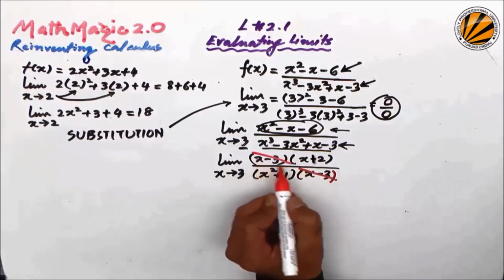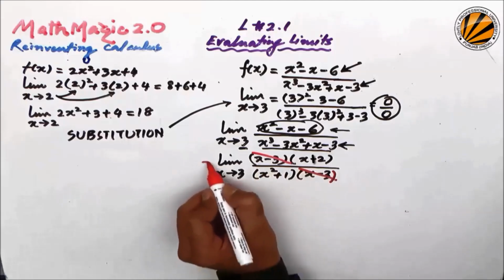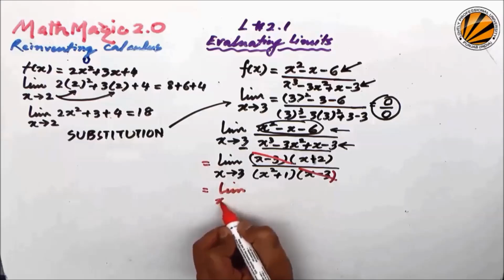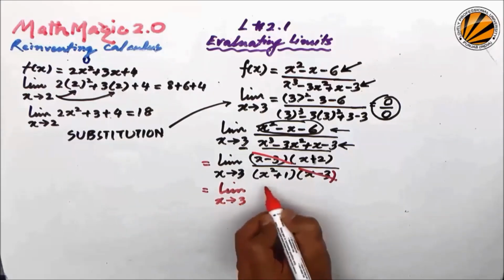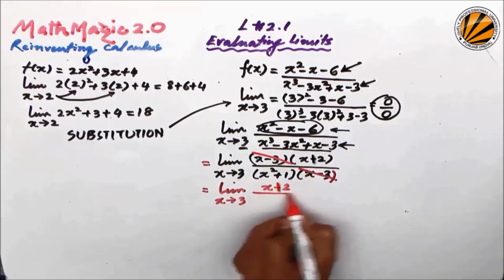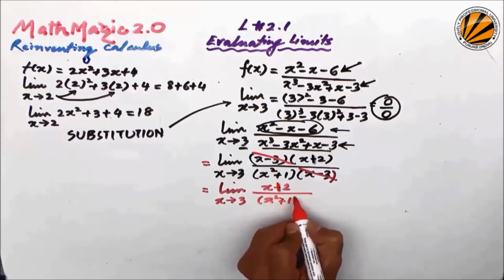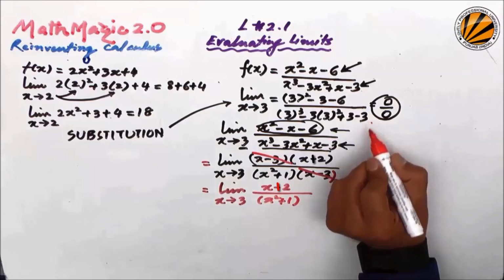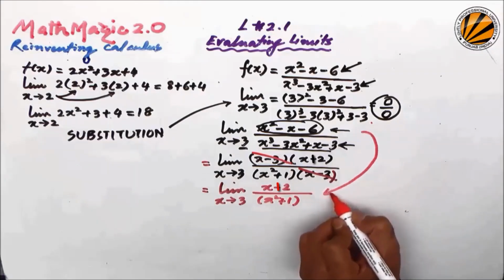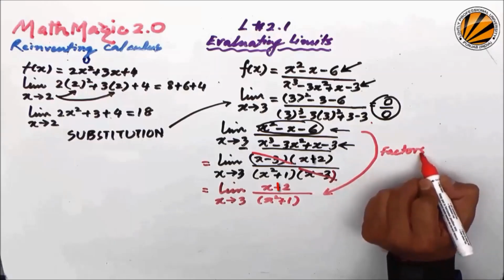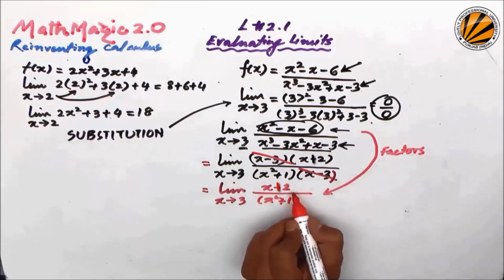These two values can be cancelled, and finally this is simplified to the limit when x is approaching 3 of x plus 2 over x square plus 1. The given function is then factorized. We have calculated the factors and come out with this.